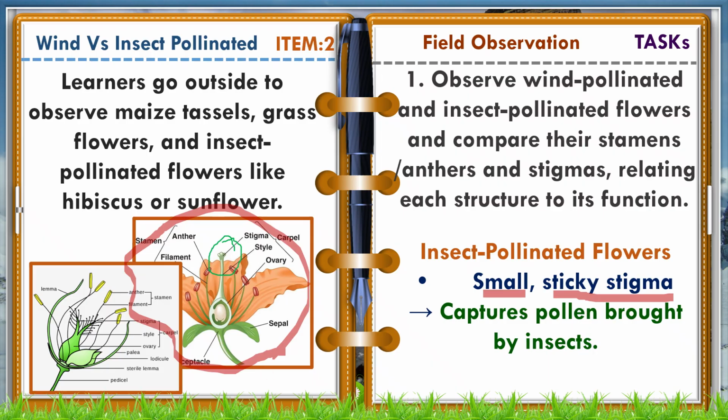What is the purpose of it being sticky? It is to capture pollen, which is brought by insects. So the stigma is small, and being small, it also is sticky so that it can trap the pollen that has been brought by the insect.